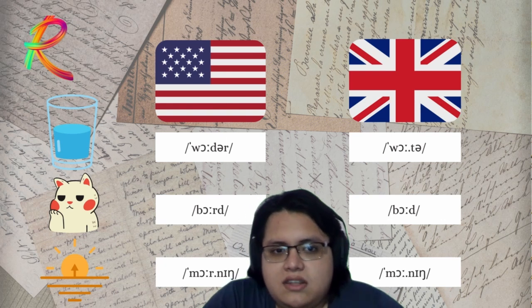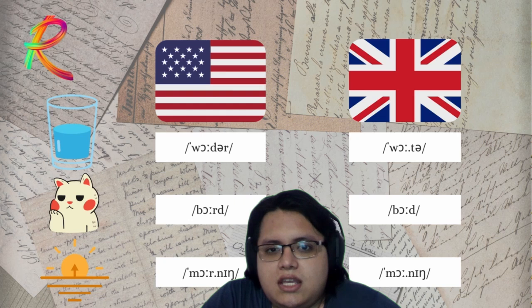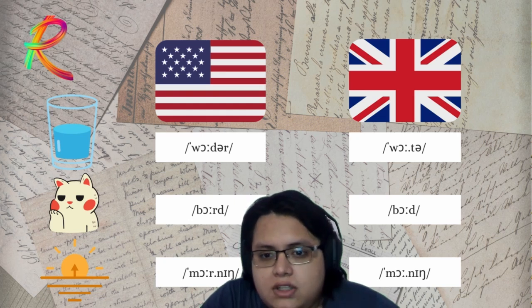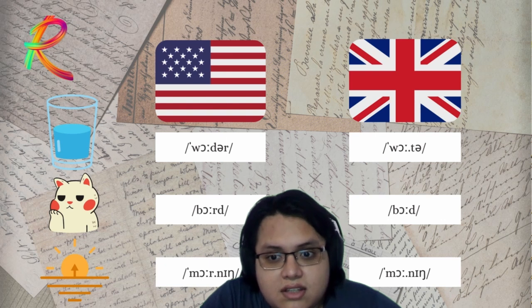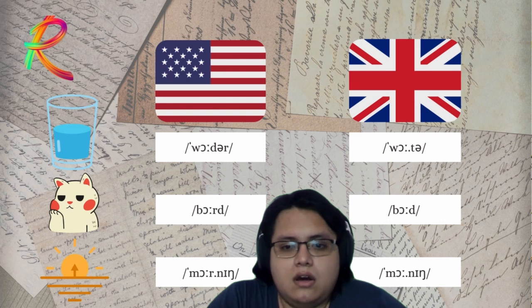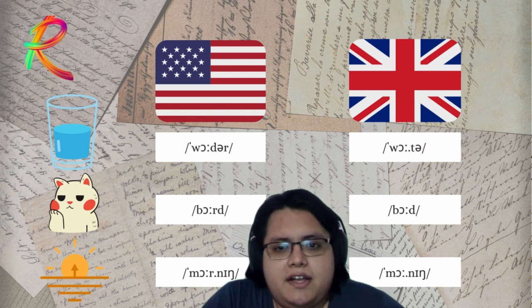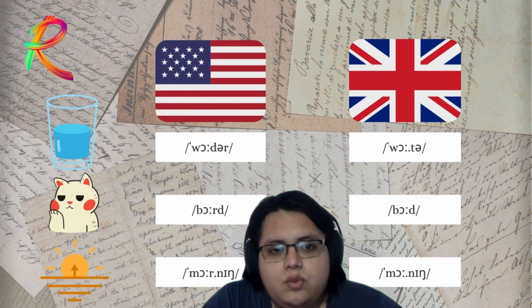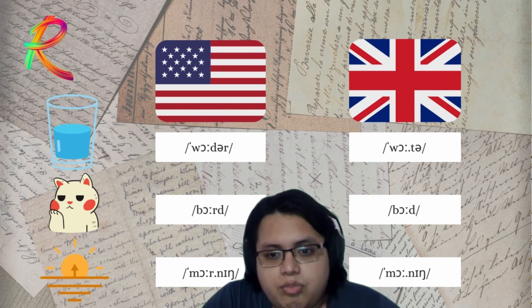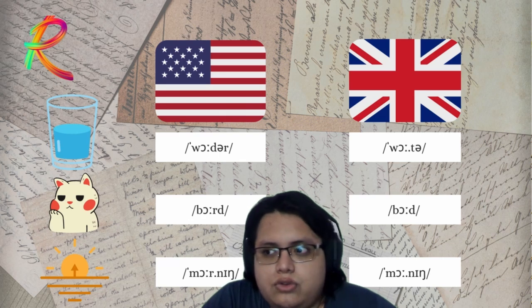For example, the first picture will be pronounced like wo-ta, the second like bo-d, and the third like mo-ning. However, if the word begins with R, it will be pronounced whether it's British or American English. For example, report.